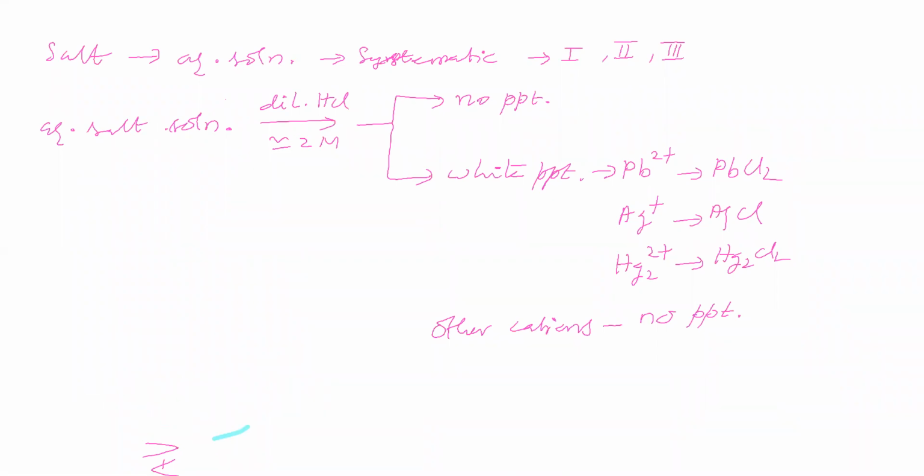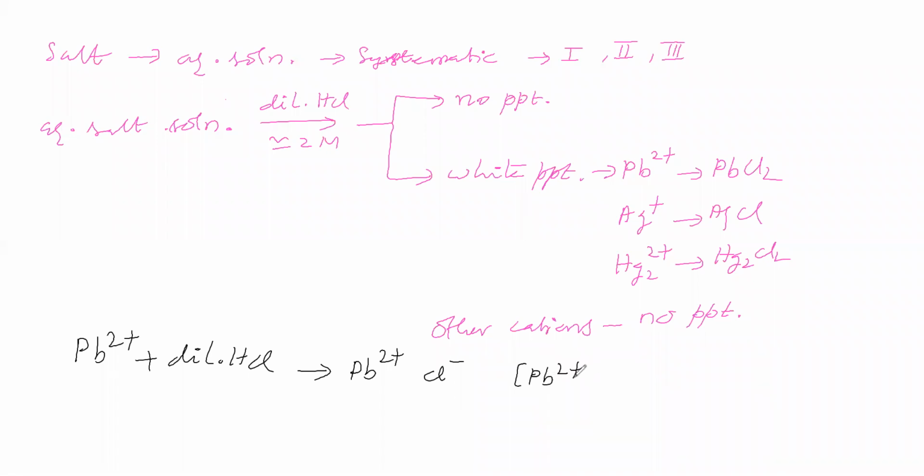Now we will see different cations. We are adding the group reagent, dilute HCl. Take the Pb2+ cation, with dilute HCl as reagent. What we get is Pb2+ and Cl-. We take the concentration of Pb2+ and the concentration of Cl-.